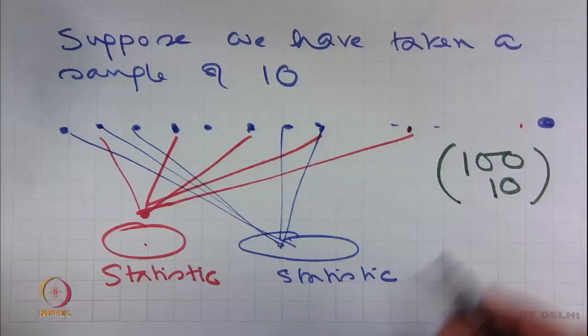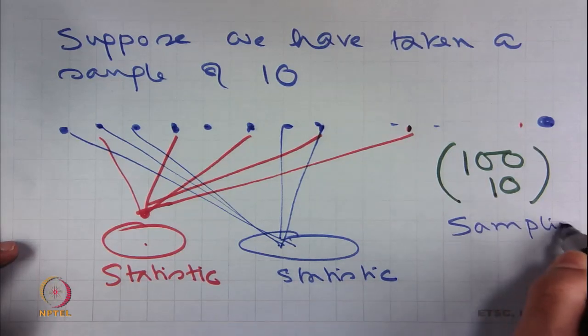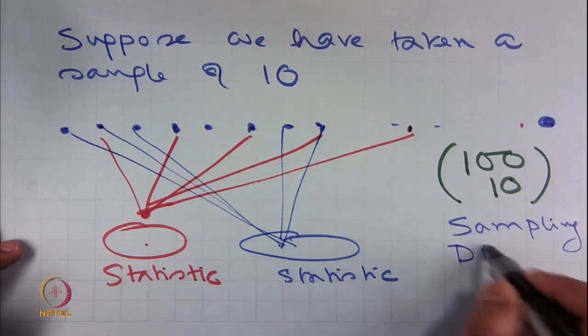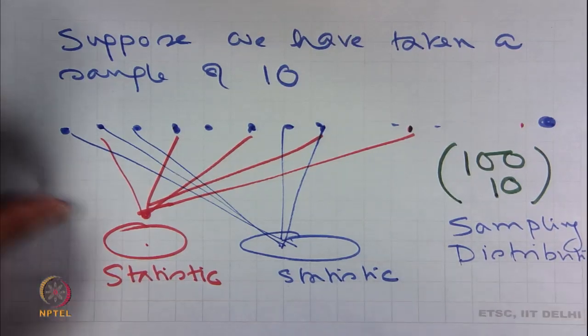Therefore, it makes sense to talk about the distribution of that statistic, which is called sampling distribution. In today's lecture, I will be talking about some sampling distributions, which will be helpful in estimating population parameters.